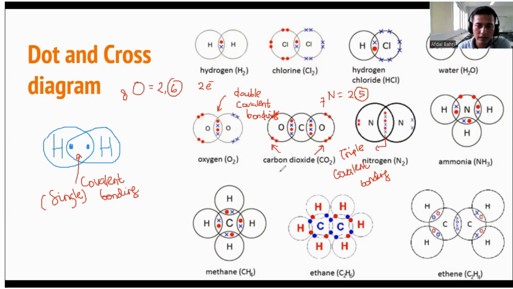We call this electron a lone pair electron. And the electrons that are shared, we call bonding pair electrons. I repeat, if electrons are shared, we call this a bonding pair. And if electrons are not shared, we call this a lone pair.